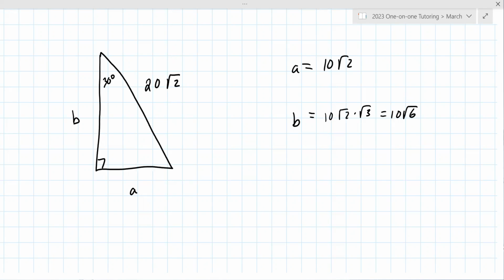Yeah, just because I know that it's kind of like the same thing in a sense every time. It's either going to get multiplied or divided by 2. That's the easier one to figure out first. And then once you know A, you can just insert A into the longer leg.